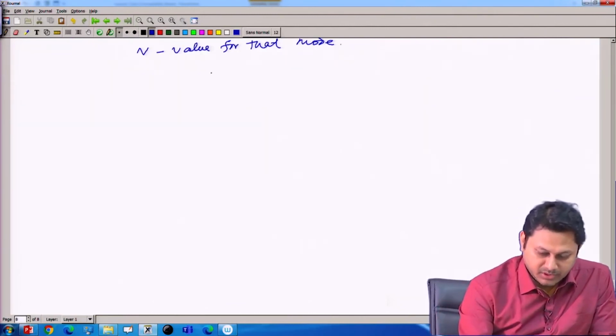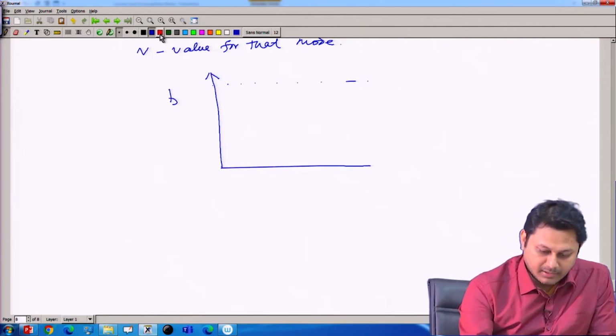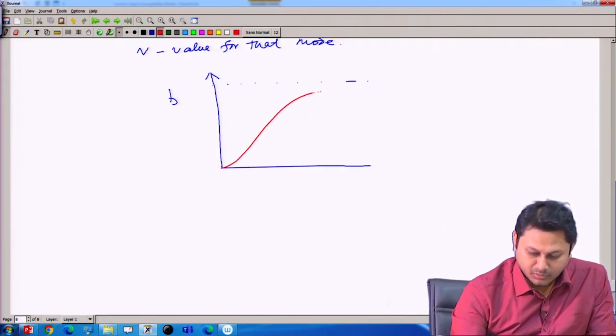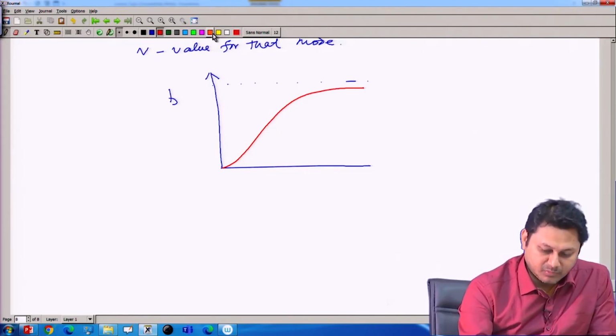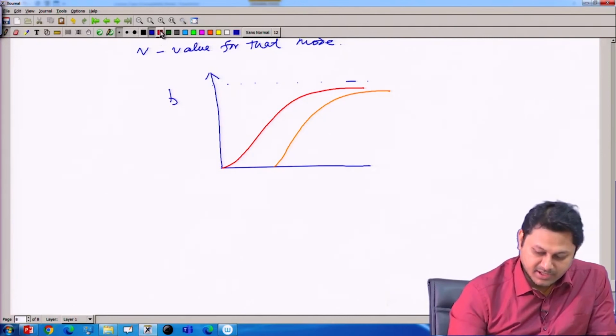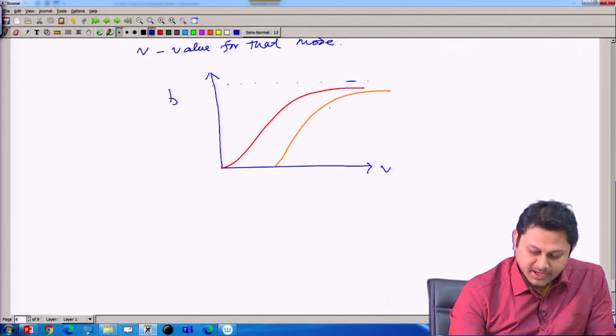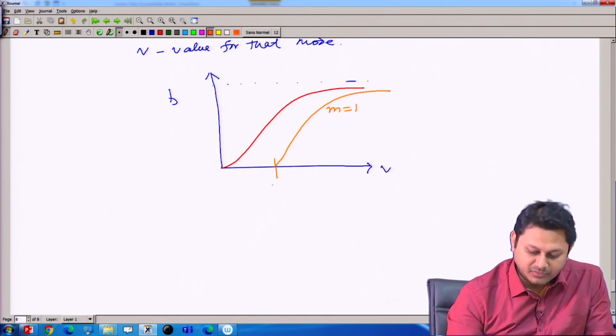So, let me quickly draw and try to understand. Already I mentioned that. So, this is B, and if I draw, then this is one mode. For this mode there is no such cutoff, all the modes are allowed, but the next mode starts from here and goes like this. Along this direction I have V, and this is for m equal to 1. For the m equal to 1 mode, I have a cutoff value, so this is V cutoff for m equal to 1.